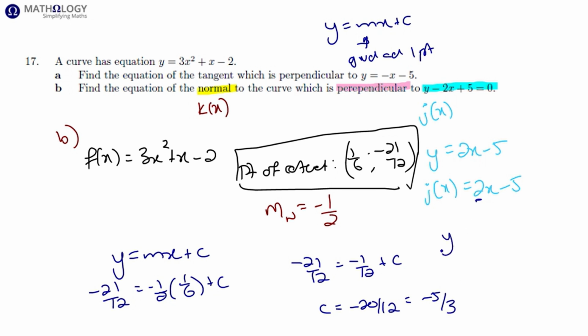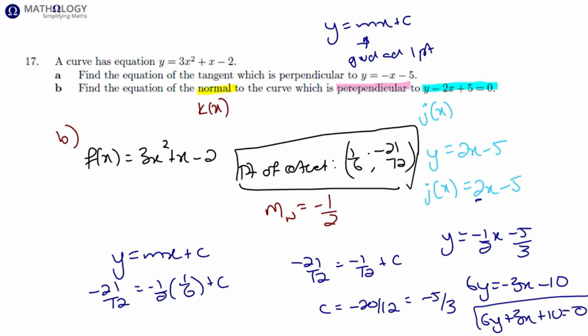So y equals minus a half x minus 5 over 3. Better written as 6y equals minus 3x minus 10, or rather 6y plus 3x plus 10 equals 0. And this represents the equation of the normal to the curve at the point 1 over 6, minus 21 over 12, and we can illustrate this graphically as well.